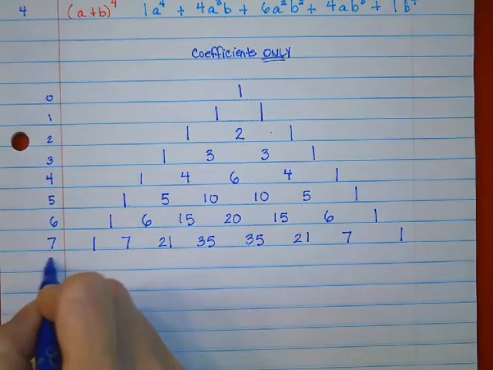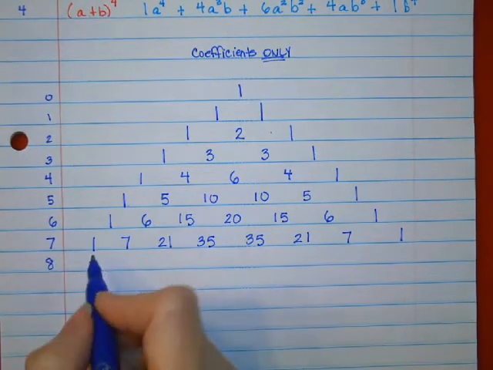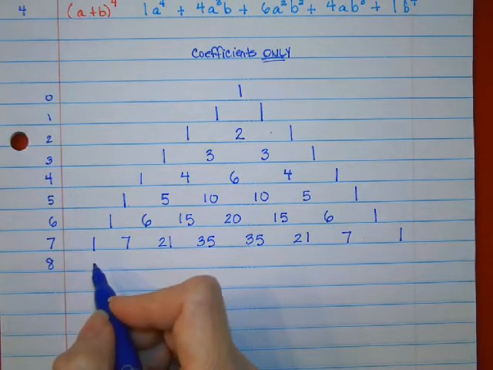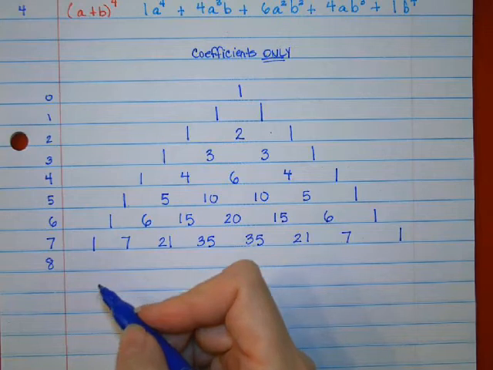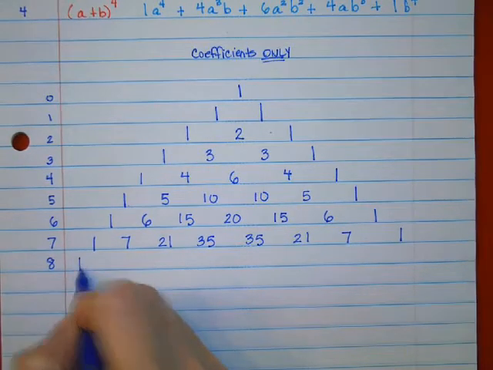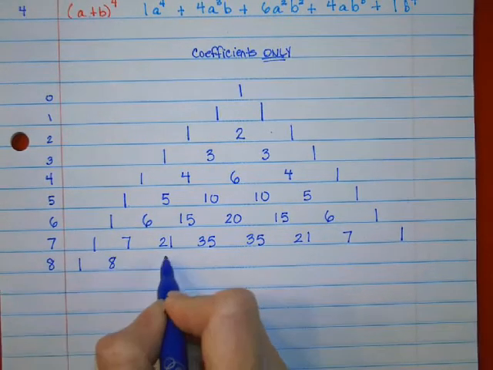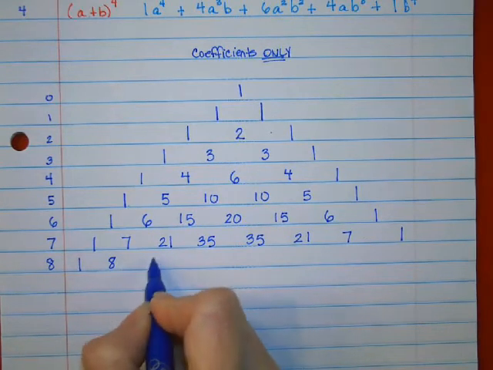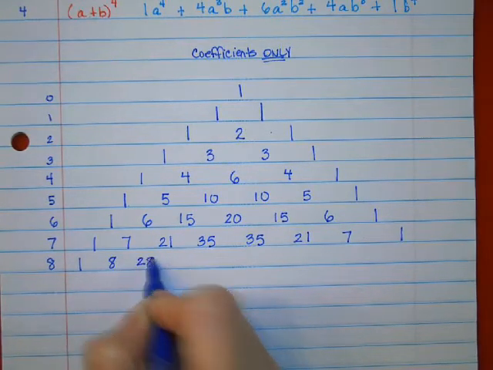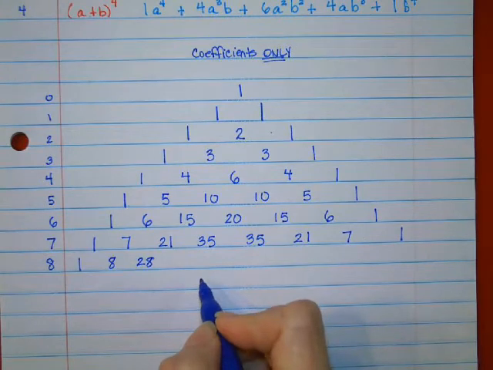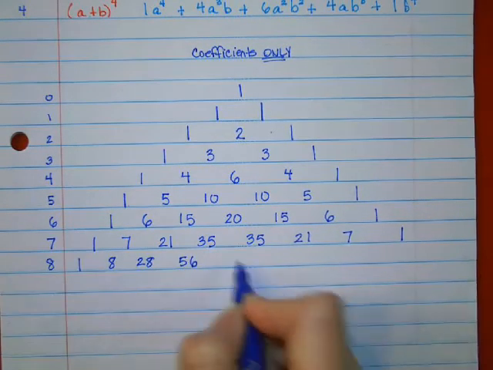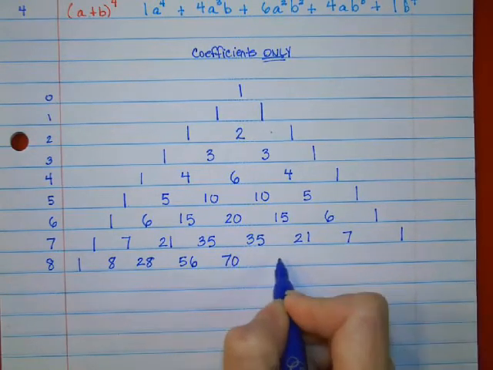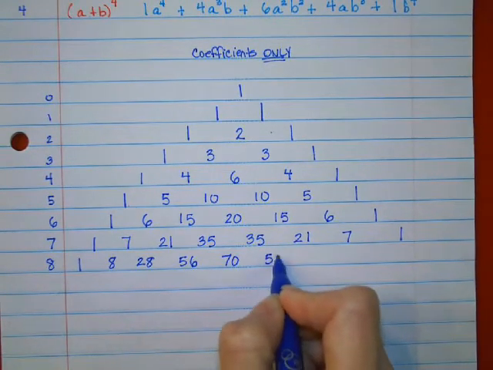And then our final row we're going to do is 8. I'd like to get you guys maybe through 10, but 8 should be good enough. We'll go to 1. 1 plus 7 is 8. 7 plus 21 is 28. 21 plus 35 is 56. 35 plus 35 is 70. 35 plus 21 is 56.